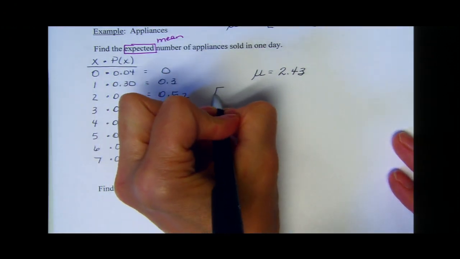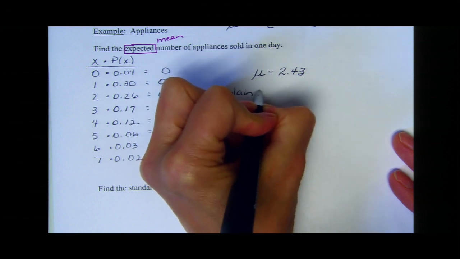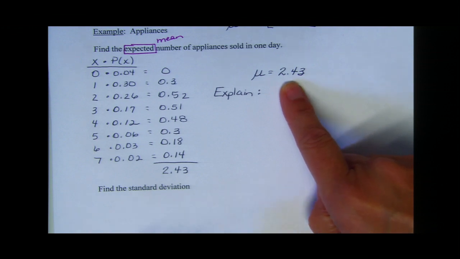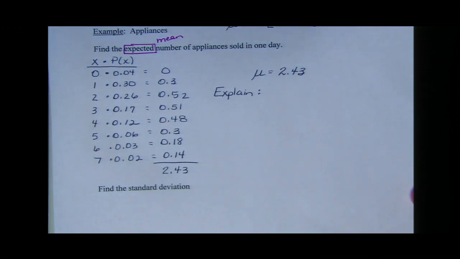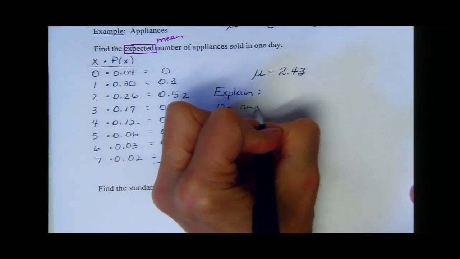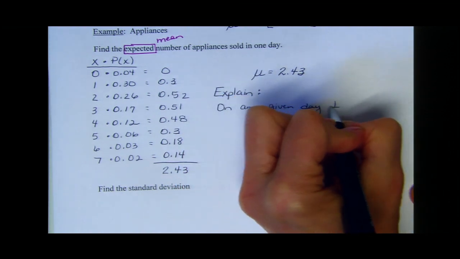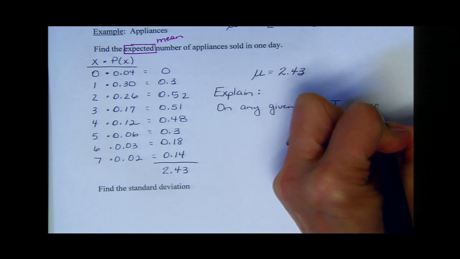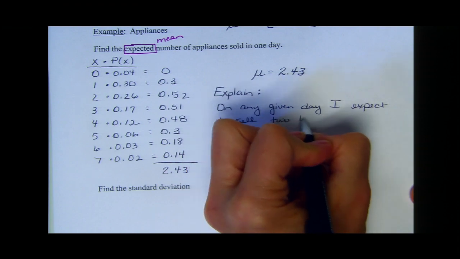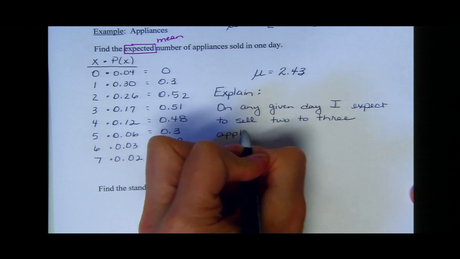Well, that's kind of comical because you're not going to sell a part of an appliance. But in your homework, it'll probably ask what is the mean, and this is what you would give as 2.43. But if we were explaining this, we would say on any given day, I expect to sell 2 to 3 appliances, because you can't sell part of an appliance.